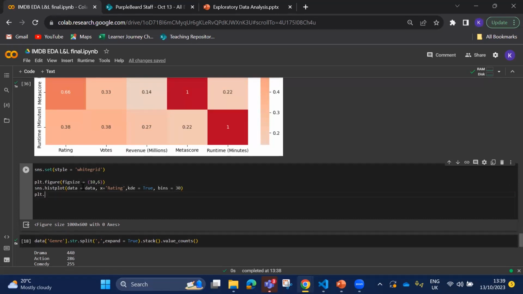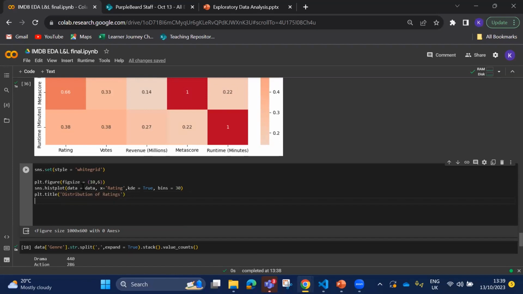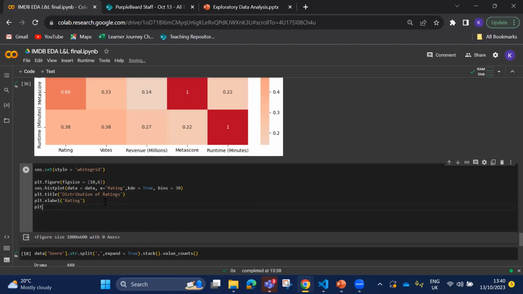I'll give it a title and a label on the x-axis.